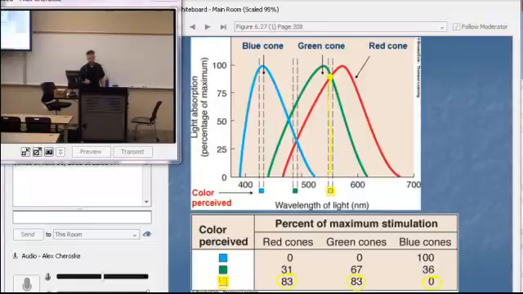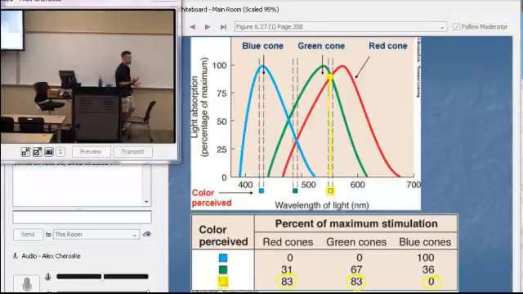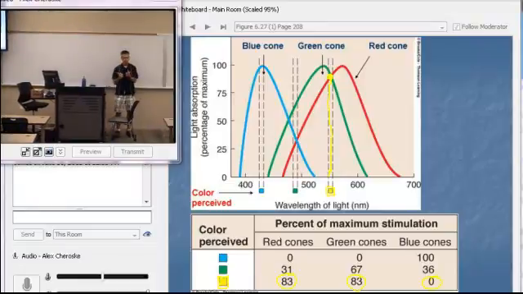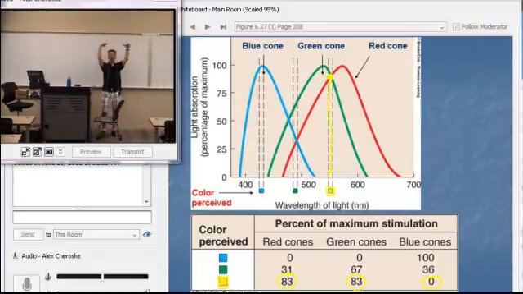So the brain takes that information and translates that into, okay, that's what we call yellow. Most of the red and the green cones got excited, no blue cones, that's yellow. Okay? It's not mixing paint. It's not like, like we said, green and red make brown, or anything like that. It's what photoreceptors are actively sending signals into the brain, and the brain decides that's what we call yellow.